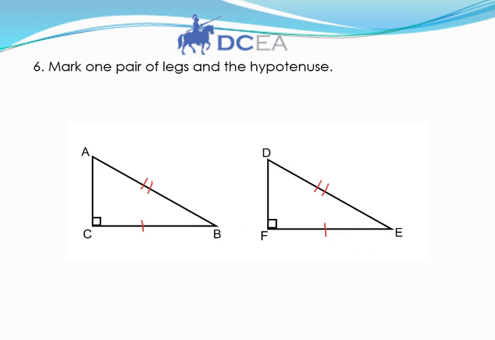And for the last pair, mark one pair of legs and the hypotenuse. So you can mark BC and EF, or you can mark AC and DF, and go ahead and show that your hypotenuse in both the triangles is congruent.